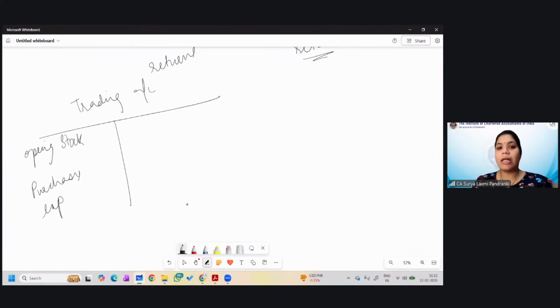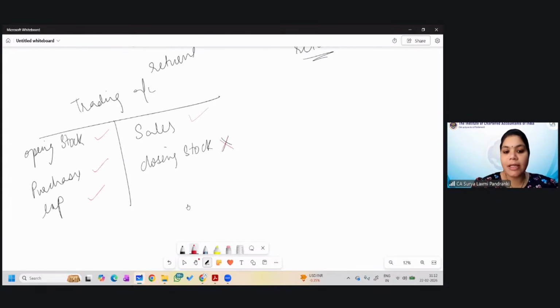We will see what to be considered, what not to be considered. And you have sales given in the question. Do we have closing stock given in the question? We don't have closing stock, right? So this value is there, this value is there, but closing stock is missing. And you can also calculate gross profit, because the percentage of gross profit is given.